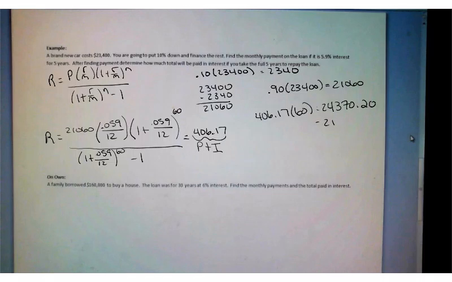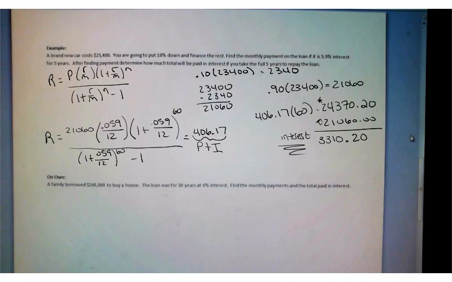Taking away what we borrowed, the $21,060, leaves us with $3,310.20. The difference between what we pay back and what we borrow is the interest, so we can quickly calculate the interest that was paid on this loan.